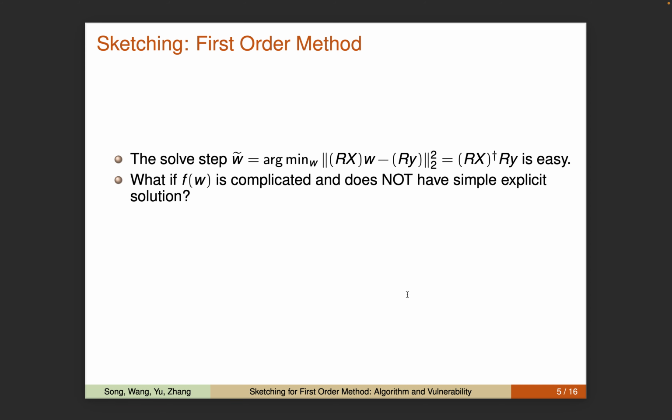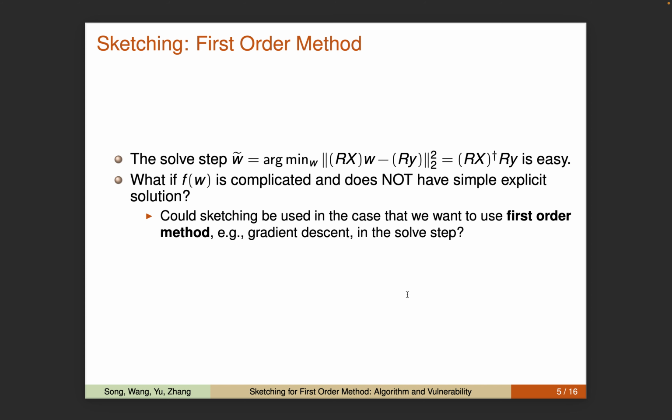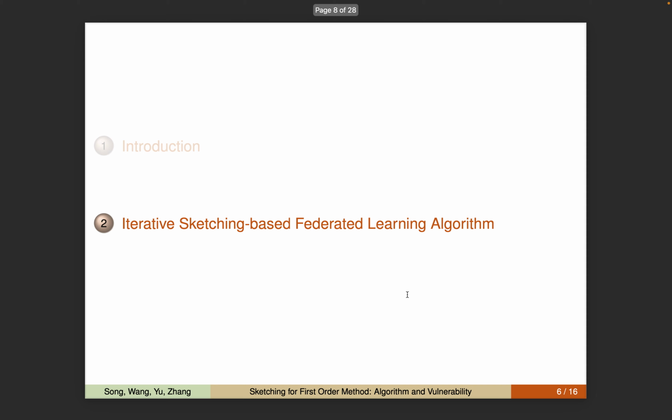So how do we handle the case when f(w) is very complicated and you cannot just solve it explicitly? The idea is that instead of applying the sketching matrix to the entire problem, we apply the sketching matrix to first order information such as a gradient.